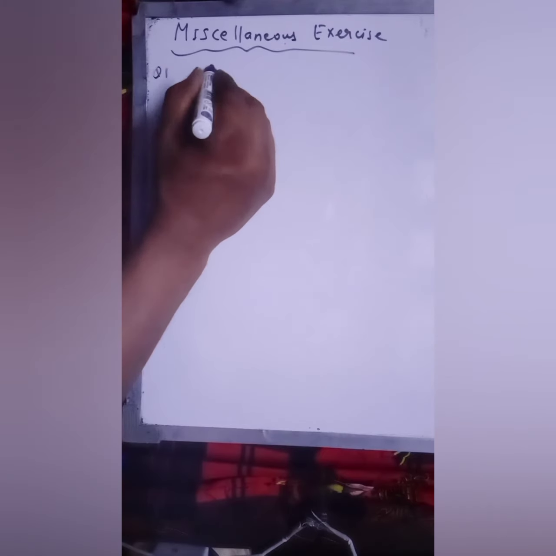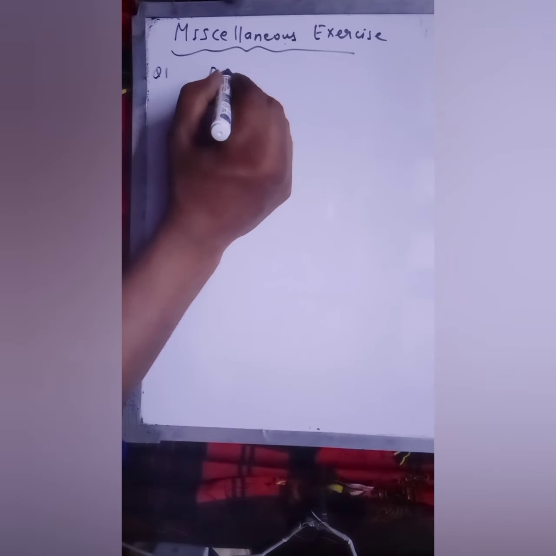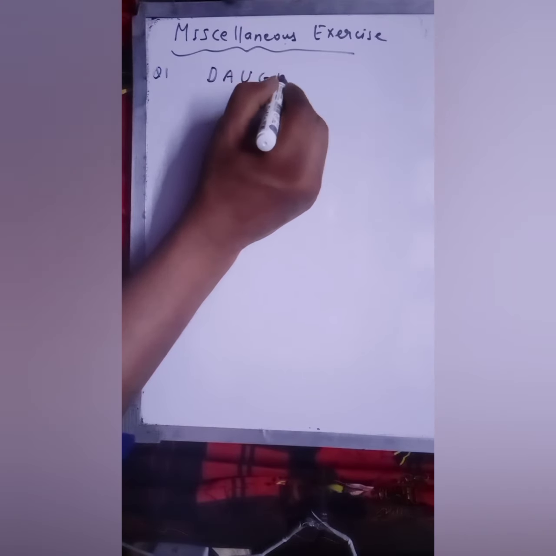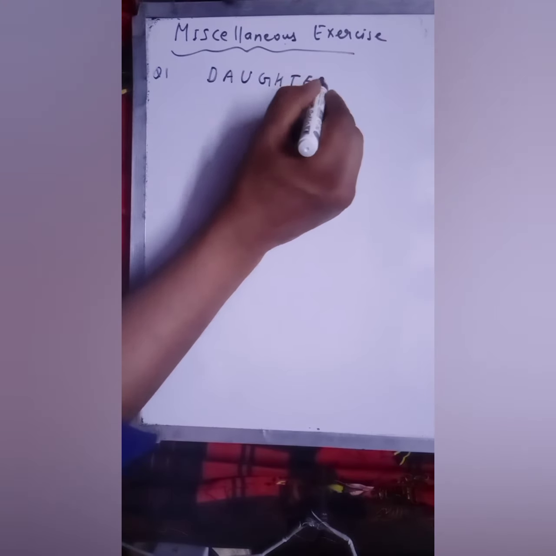How many words, with or without meaning, each of two vowels and three consonants, can be formed from the letters of the word DAUGHTER? This is given to you.